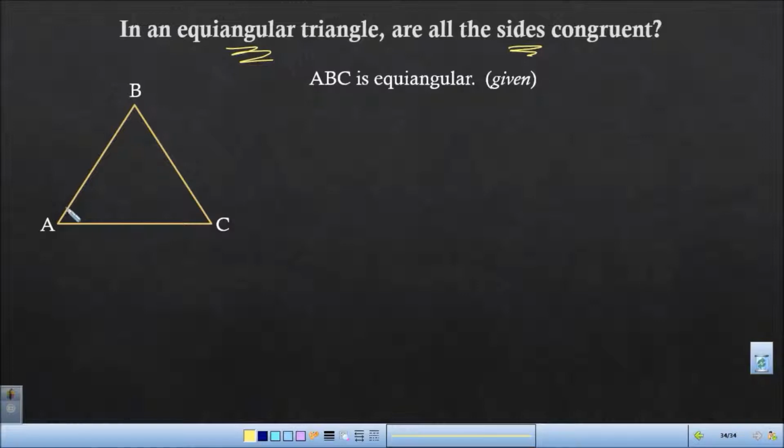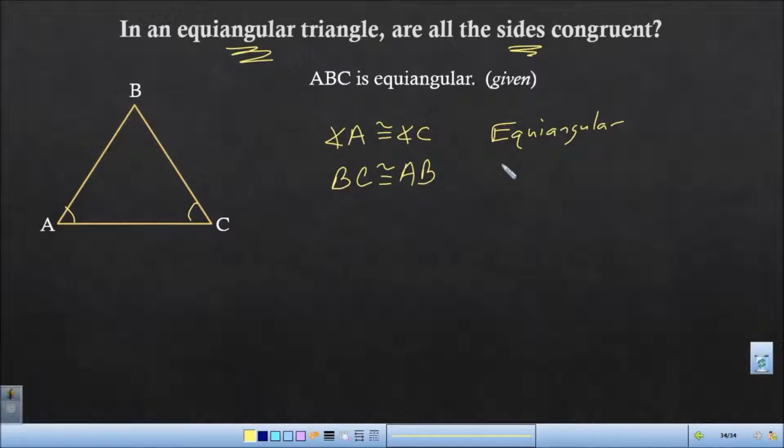Well, if I start by saying that angle A is congruent to angle C, because the triangle is equiangular, then I can use the converse of the isosceles triangle theorem to say that BC, which is opposite A, is congruent to AB, which is opposite C. This is the converse of the isosceles triangle theorem.